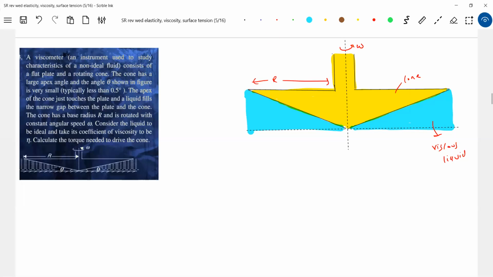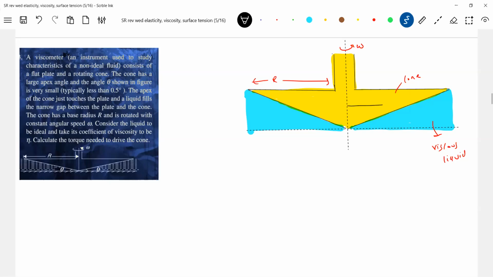What to do now? Where to begin the problem? We should assume it's a plane diagram. Try to assume this is a rotating cone. The cone has a large apex angle. I think if you can assume the 3D diagram, it will be much easier.